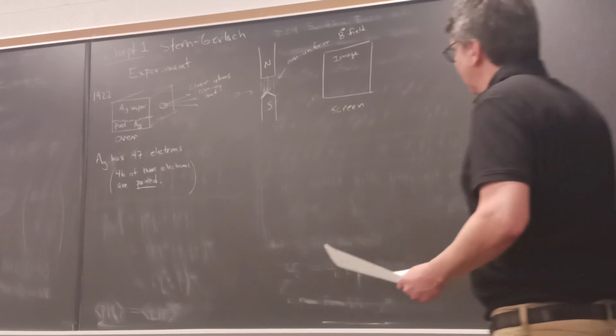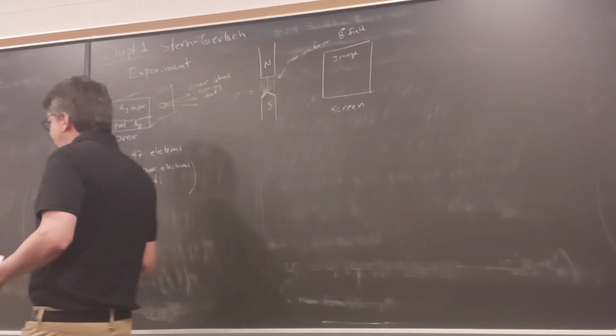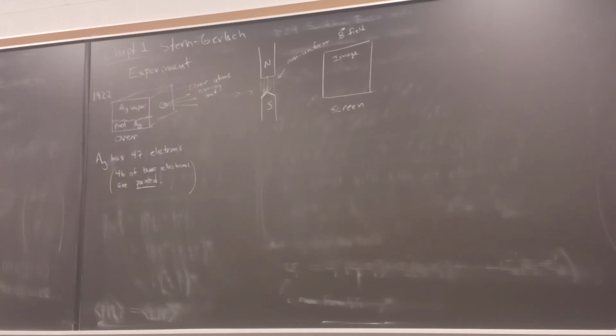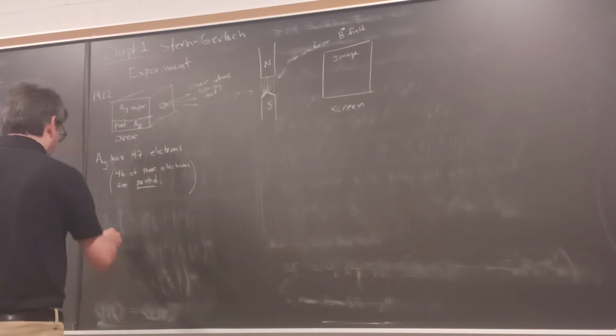So now, at the time, people were not sure what to make of quantum mechanics, and so they were doing this experiment to test, in particular, if classical physics was going to answer this question, or if it would require a different answer.